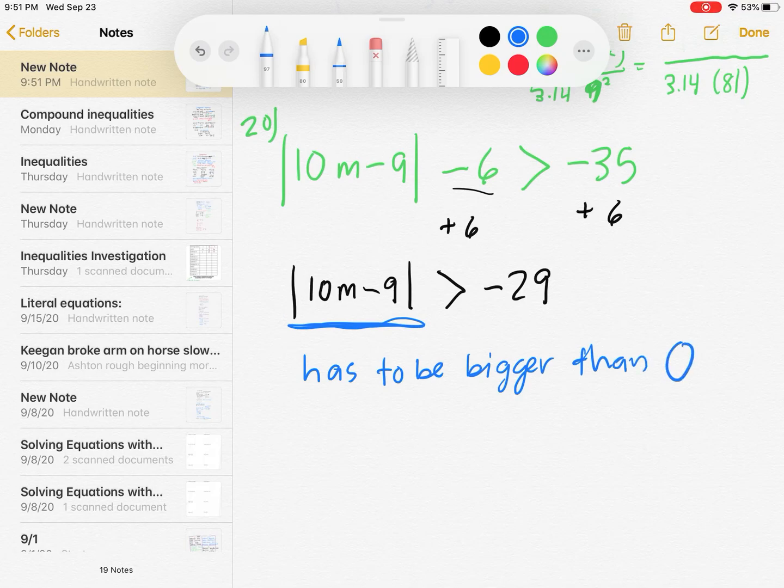And isn't 0 bigger than negative 29? So for anything, no matter what we plug in there, if you take the absolute value of it, it's going to be bigger than a negative.